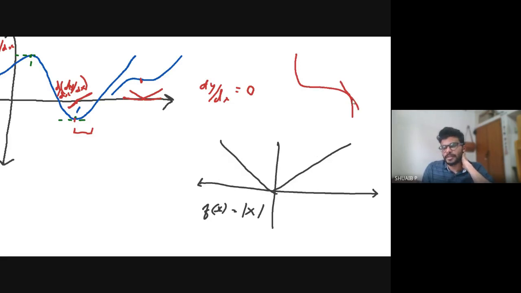So if the function doesn't have a well-defined tangent at that point, and I'm saying this in a graphical sense, if we can draw multiple tangents at that point, it doesn't have a well-defined slope at that point, so it doesn't have a derivative. So it's essentially not differentiable at that point.